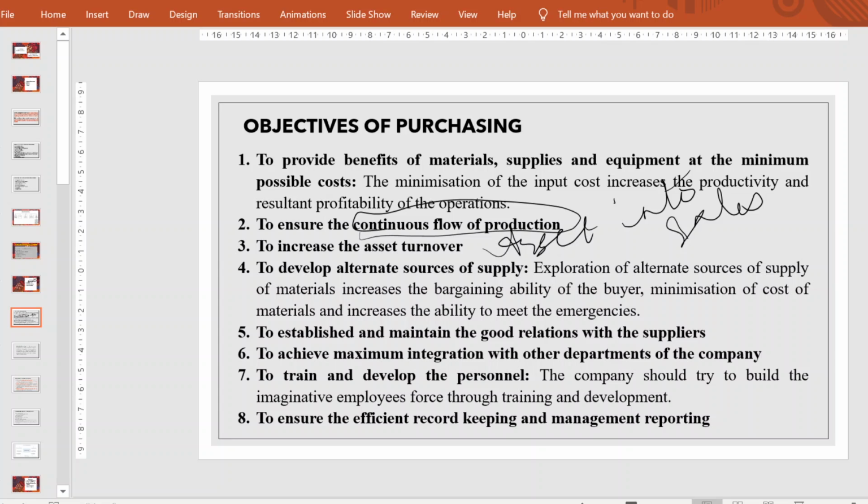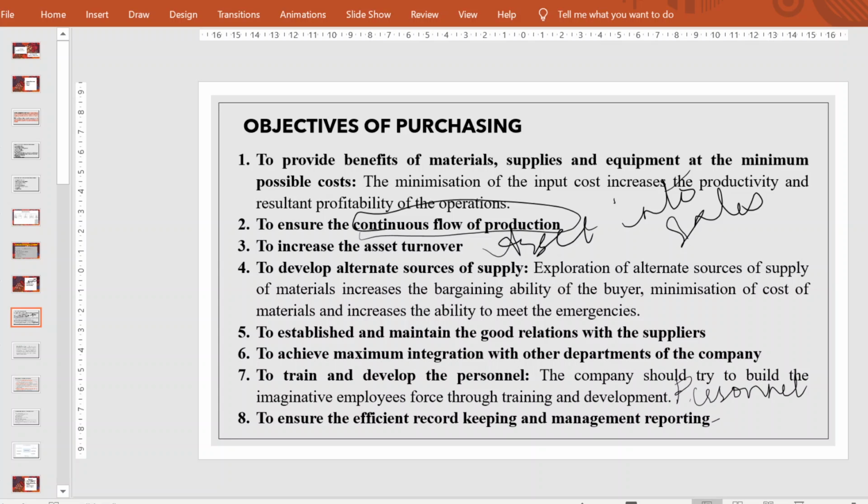Purchasing is one department which should have personnel who are able to think for the future. So it is very important to have efficient employees, and in order to have efficient personnel in this field, it is very important to give proper training and development. So that is one of the objectives of the purchase department. And the last objective is to ensure efficient record keeping and management reporting.